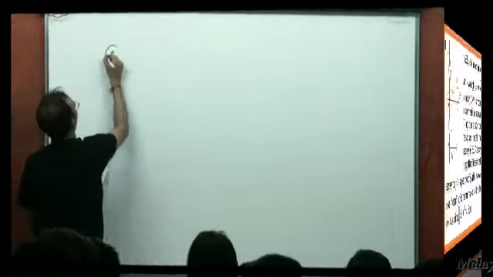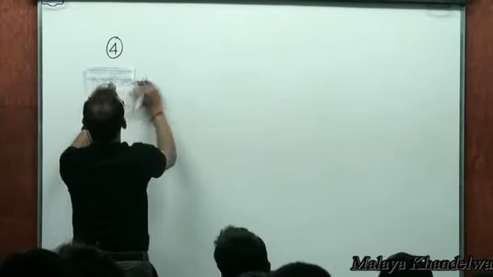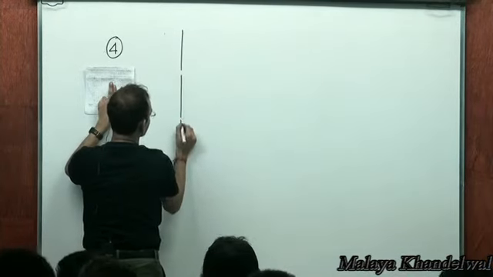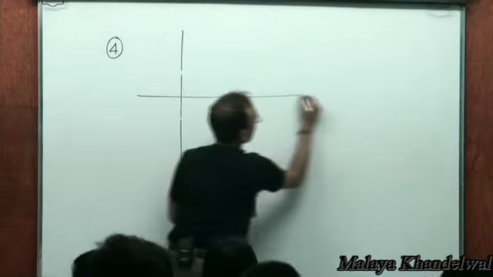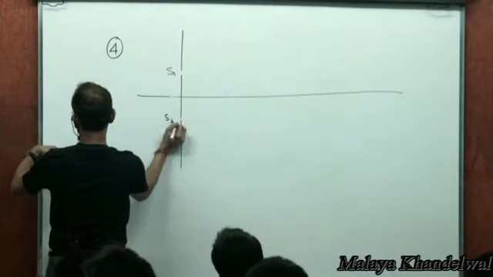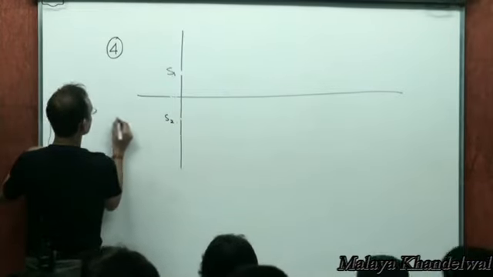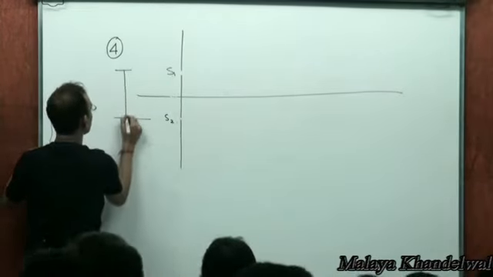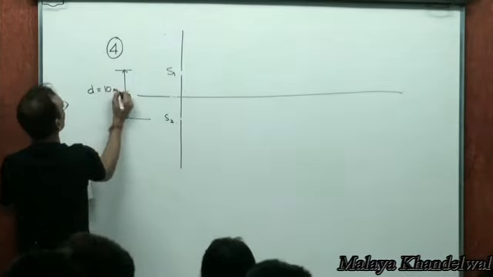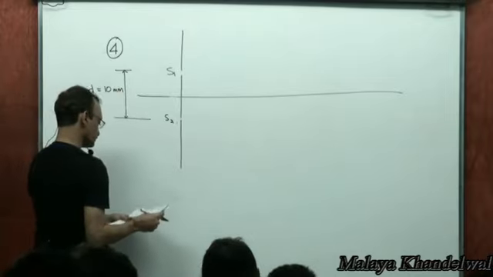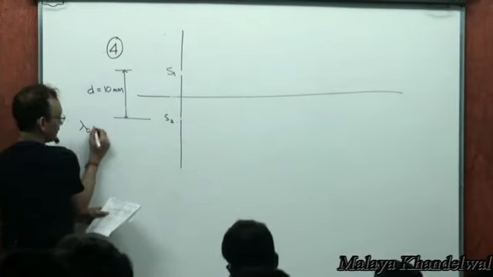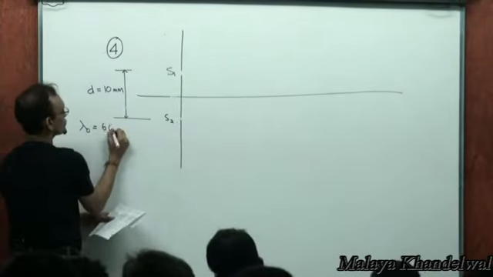Problem 4. Again, a YDSE arrangement. Slits S1, S2 separated by a distance 10 mm, and being illuminated by a wavelength which is 6000 angstroms.